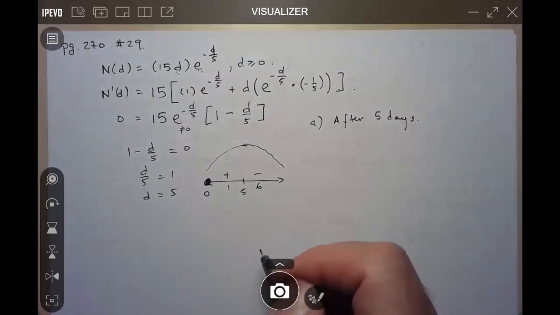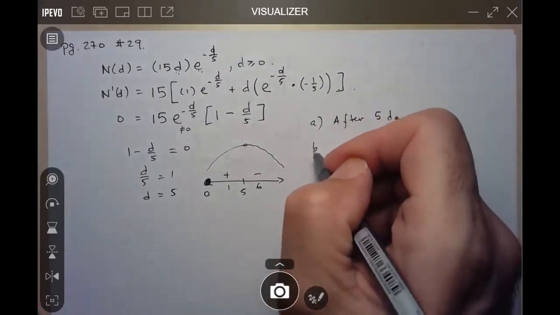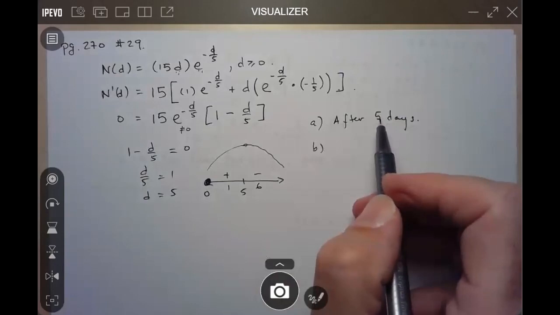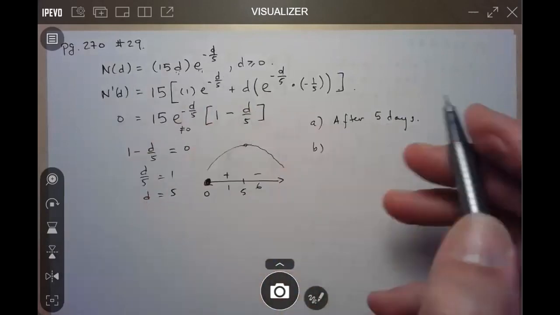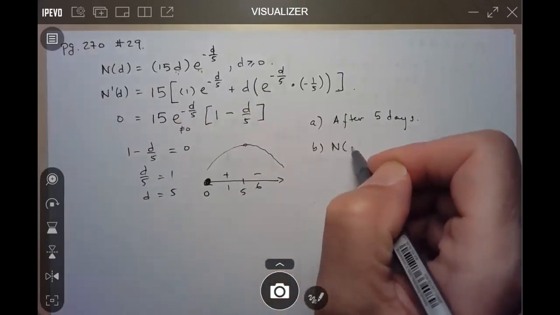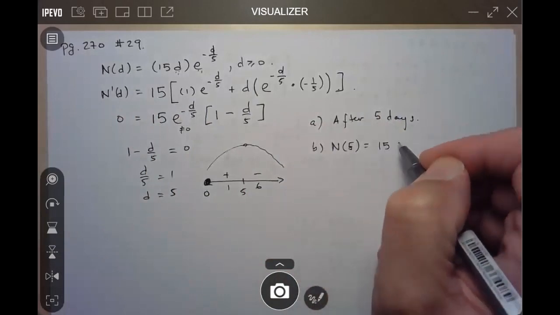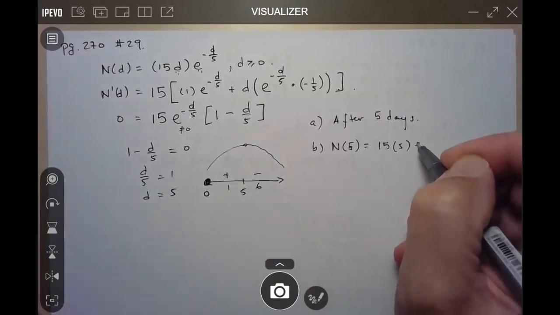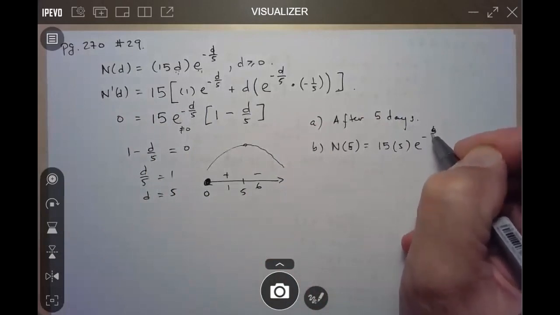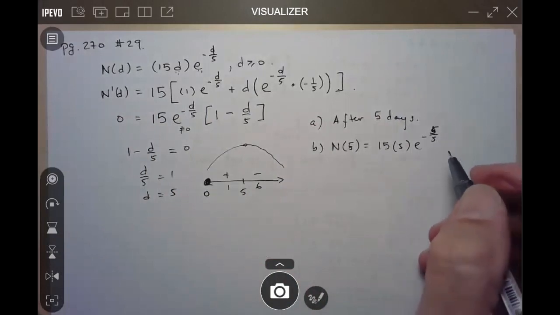Okay, well, this is where you just take the time at which you have your maximum and stick it into your original function. So essentially we're looking for n at 5. So what does that give us? 15 times d, which is 5, times e to the negative 5 over 5. So e to the negative 1.